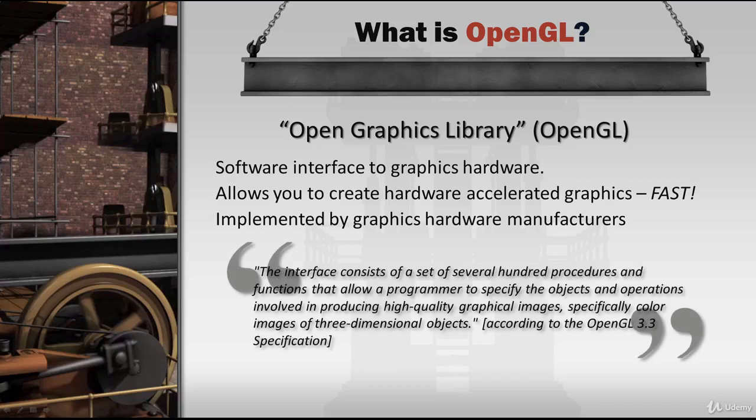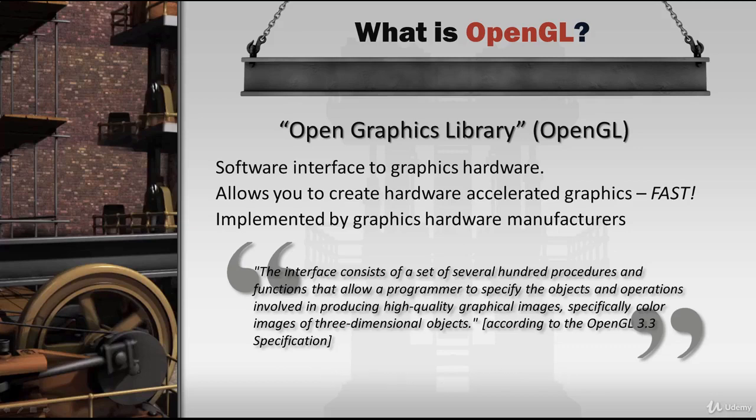The actual API requirements are really implemented by the manufacturers of the hardware, the video card hardware. So the quote there from the OpenGL 3.3 specification says OpenGL basically is a bunch of functions and things like that that allow the programmer to render graphics and take advantage of hardware accelerated graphics or your video card.